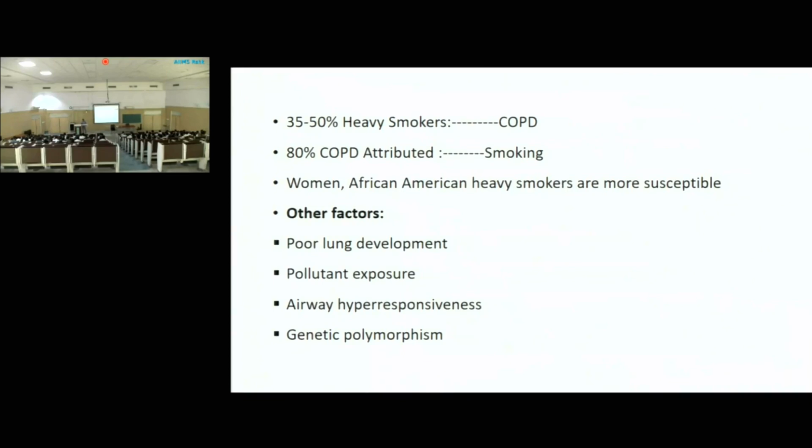Other factors include environmental pollution, airway hyperresponsiveness diseases, and some genetic polymorphisms. But remember, smoking is the most important factor that leads to the development of chronic obstructive pulmonary disease, right? 80% of COPD patients have a history of smoking. However, only around 35 to 50% of patients with a chronic smoking history develop COPD.